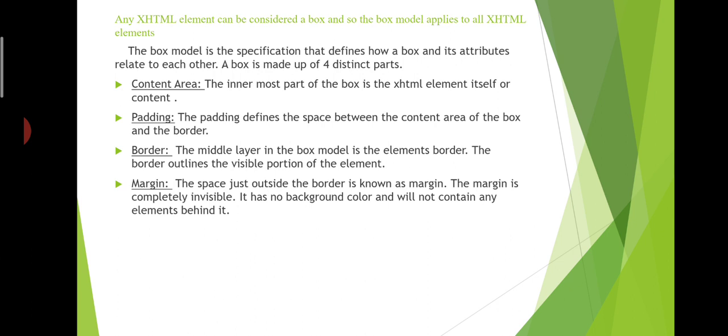As shown in the block diagram, the content area is the innermost part of the box, and this is the XHTML element itself or the content. Second is the padding. Padding is nothing but the space between the content area of the box and the border.